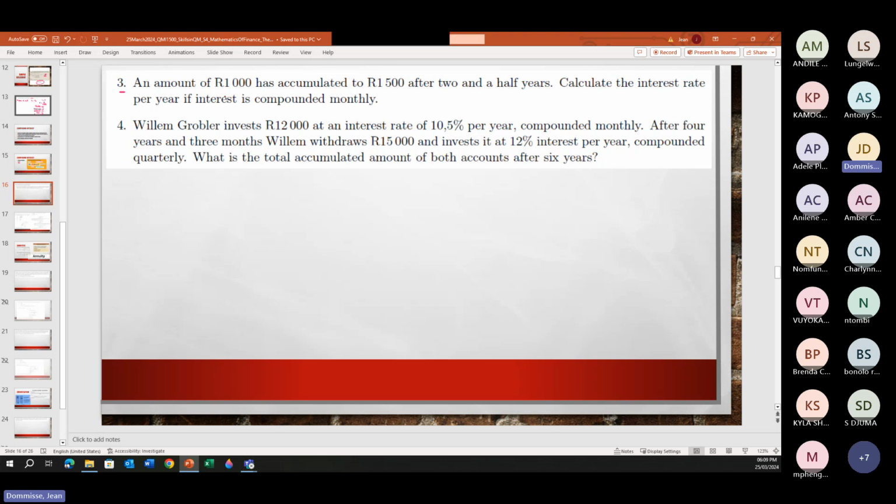An amount of 1,000 has accumulated to 1,500. So let's first put the formula down. As in some of the simple interest, we now need to calculate the interest rate.